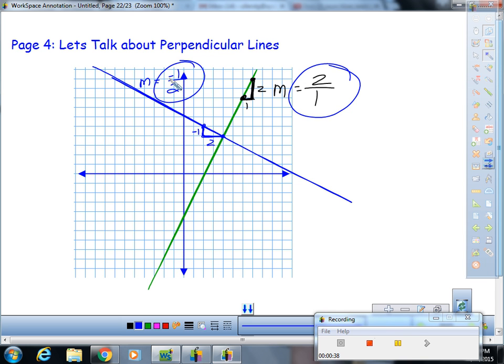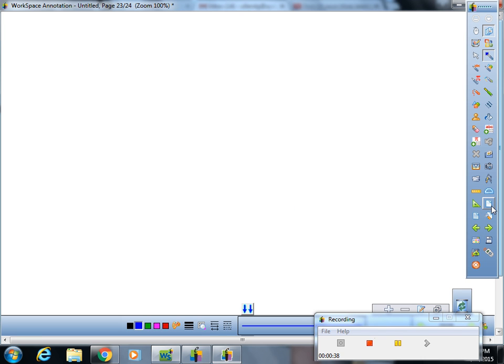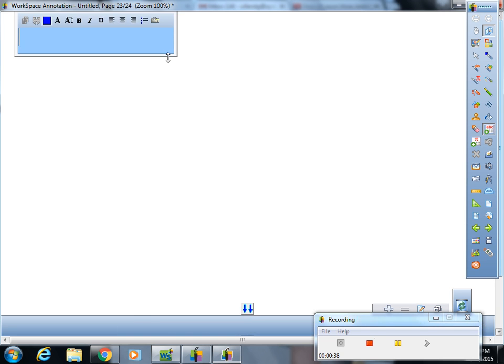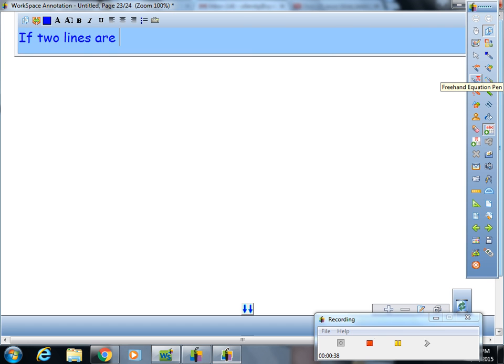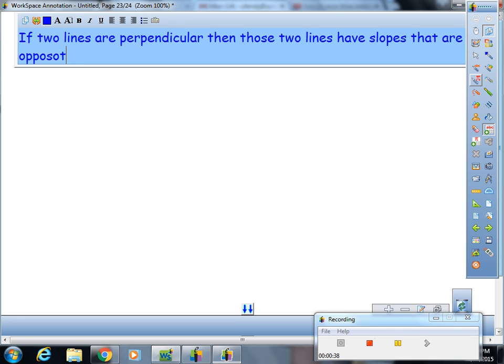So, the rule is: if two lines are perpendicular, then those two lines have slopes that are opposite reciprocals.